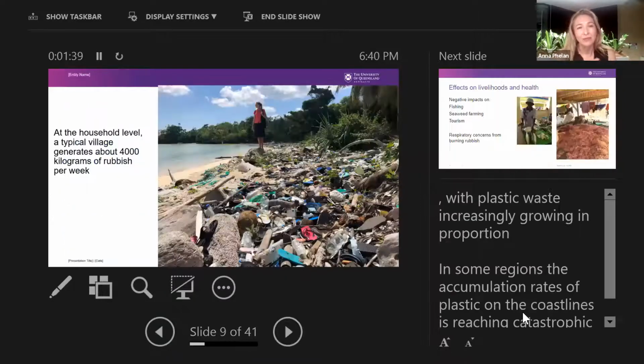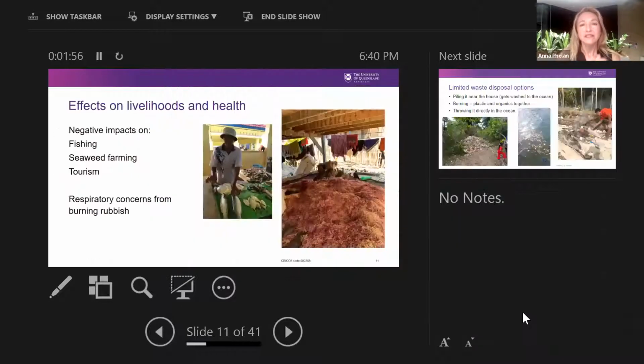So what did we find out? We found out that in a typical village, at a household level, approximately 4,000 kilograms of rubbish is generated, half of which is plastic, and all of which enters the oceans. This, of course, has impacts on livelihoods and the health of the community, and certainly other species.